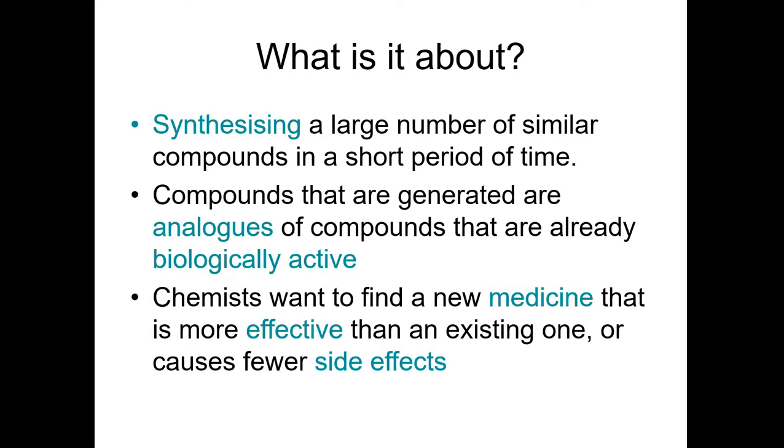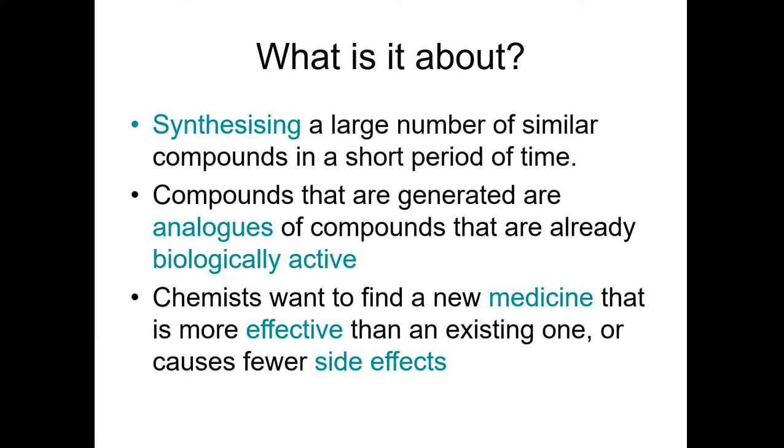Chemists want to find a new medicine that is more effective than the existing one. As pharmacists and pharmaceutical scientists, we are always interested in finding new drugs. Although we have drugs, we want to minimize the side effects. What is the cause behind searching for a new drug?